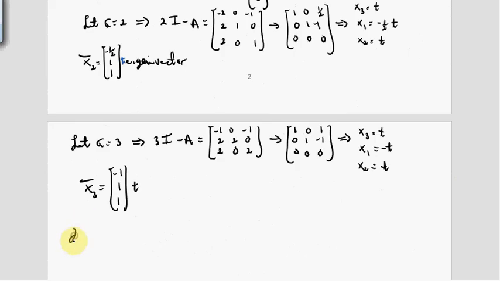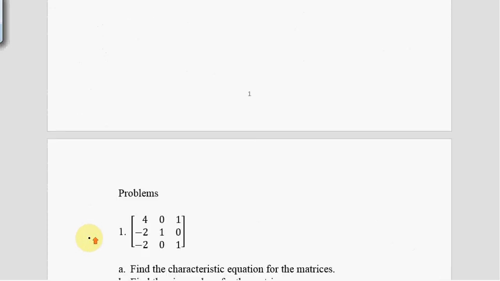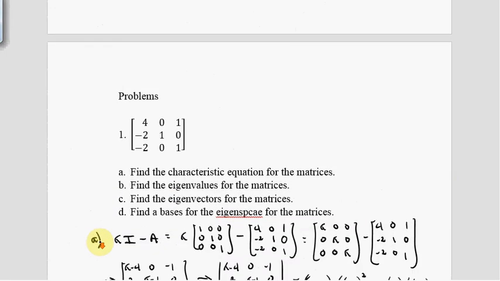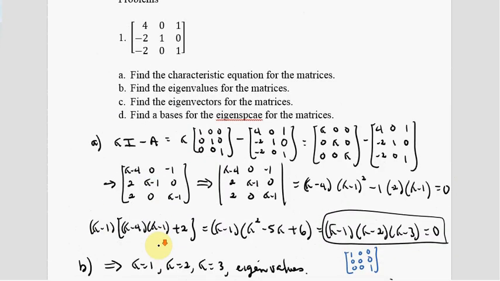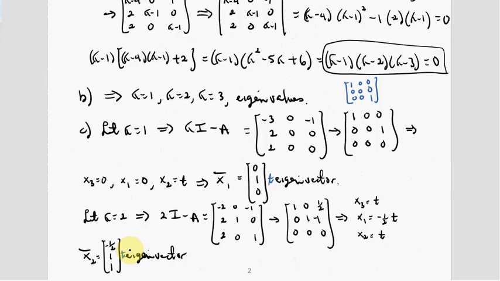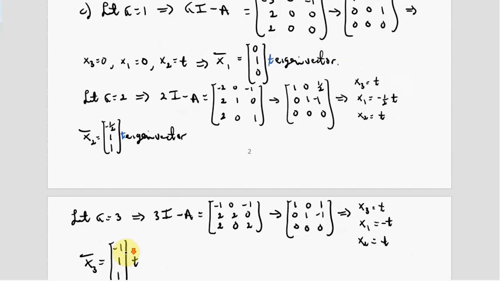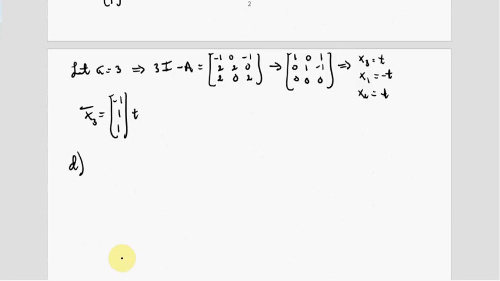Now part D, it says find the basis for the eigenspace. The eigenspace consists of no more than just the vectors from the eigenvectors. That's all that is. So here, it's the first one, the second one, the third one.